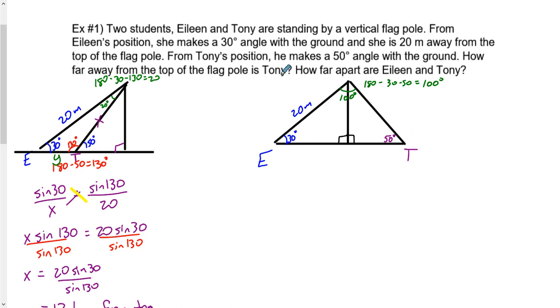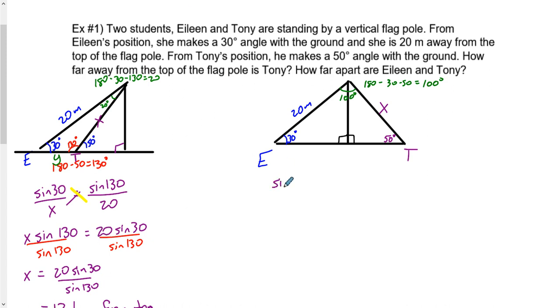So if we want to find out how far away from the top of the flagpole is Tony, well, the great thing is, we have an angle and a side across from it. Angle, and we're trying to calculate what is the side across from it.